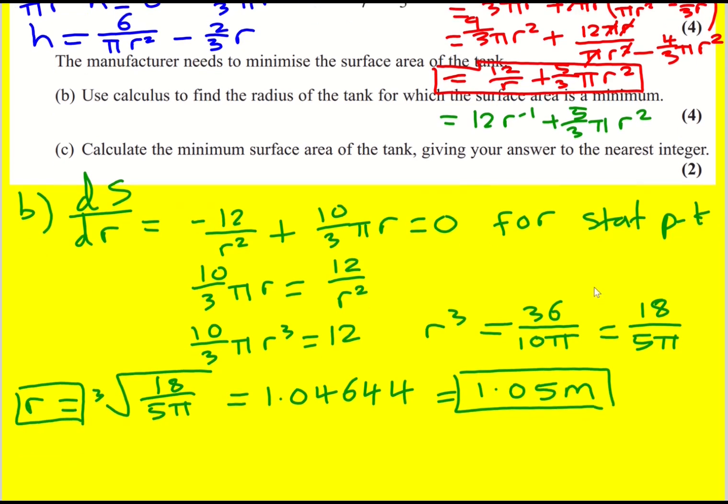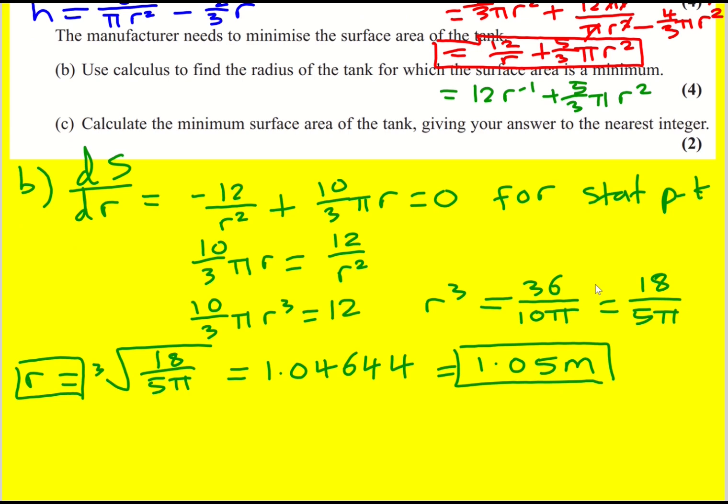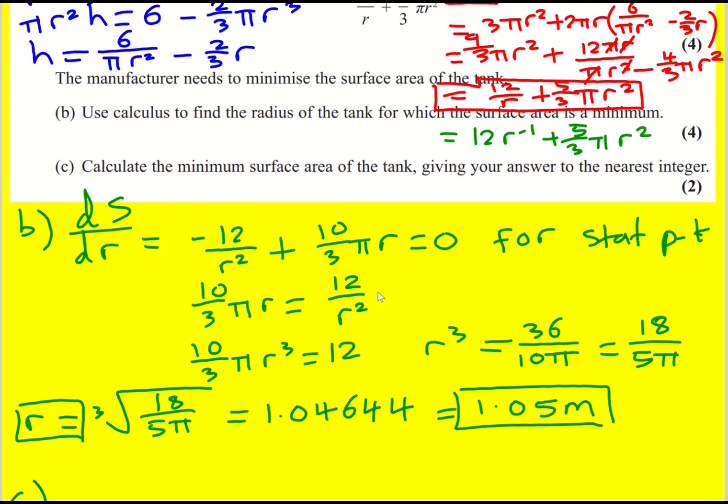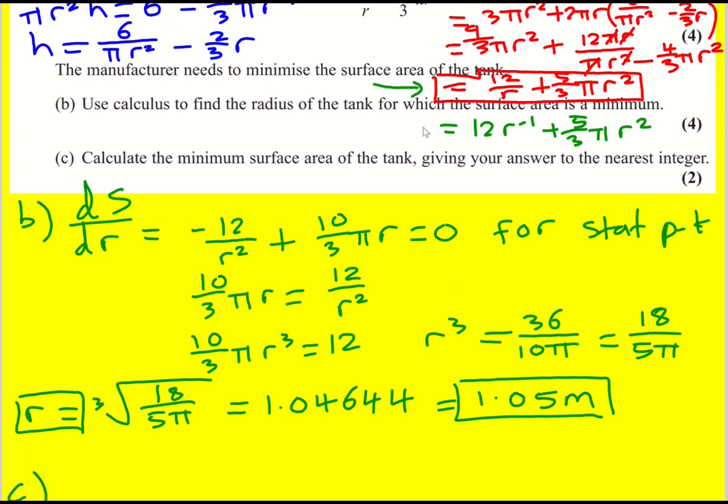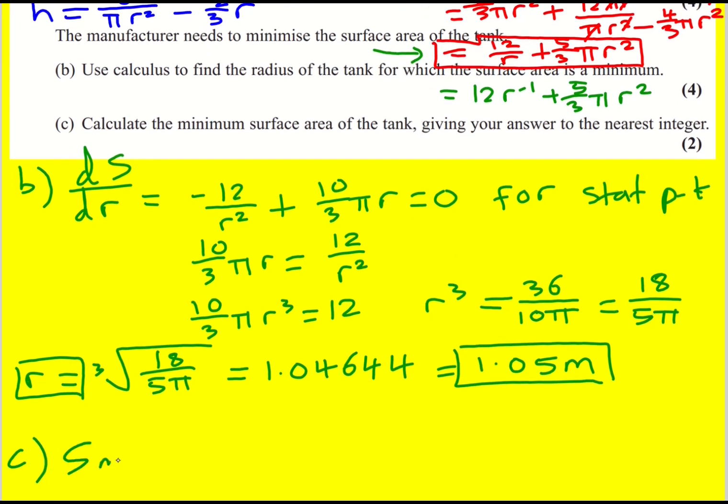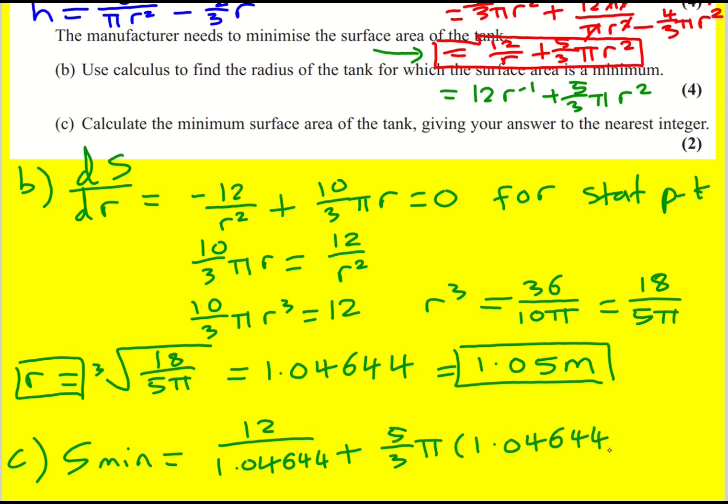In part C, we're asked to calculate the minimum surface area of the tank. So we just need to sub it back into the formula that we found before, this one here. So S min is going to be 12 over r. Now, I would advise that you use the non-rounded answer here, because otherwise we're introducing rounding errors, and we're squaring this number. It could make a bit of a difference, especially to 3 significant figures.